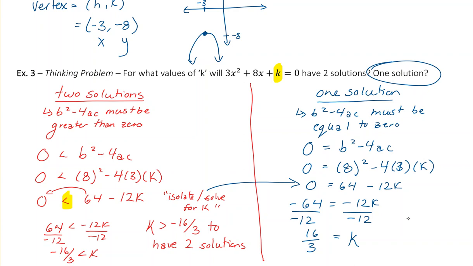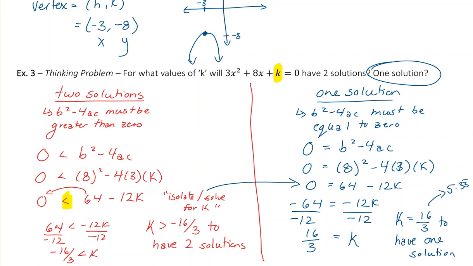So k must be equal to 16 over 3 to have one solution. So the only way you can get one solution is if that k value is 16 over 3, or if that's kind of challenging for you to look at, 16 over 3 is the same as saying 5.33 repeating as a decimal.